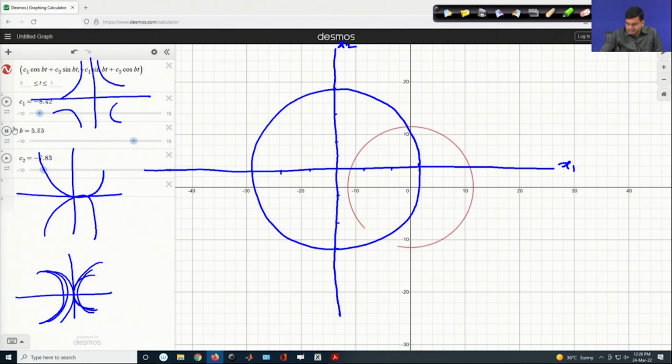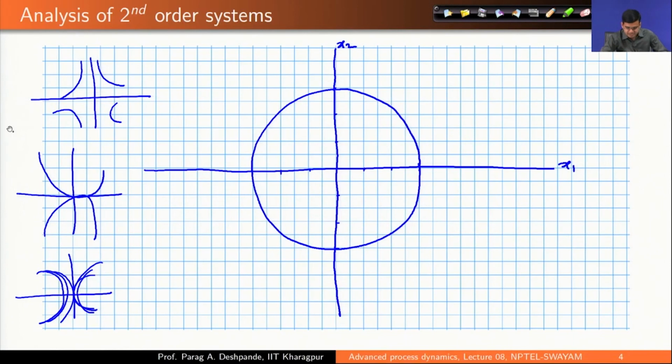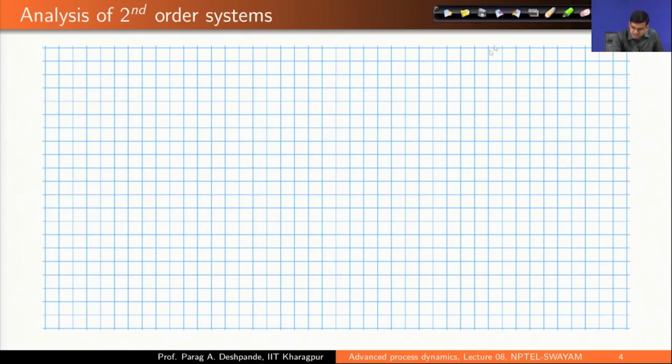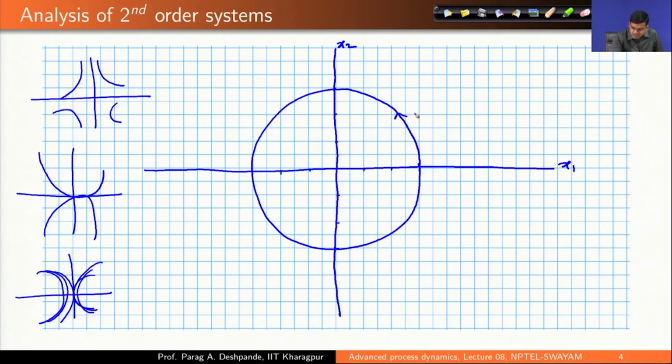But in any case, once the system has completed a circle, the system keeps on revolving either in counterclockwise direction or clockwise direction.